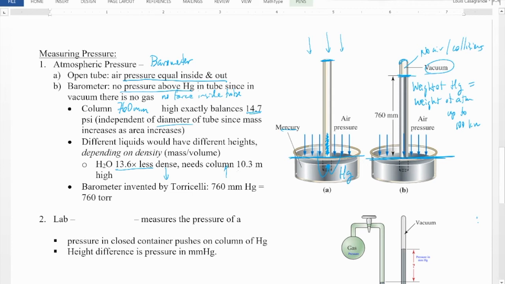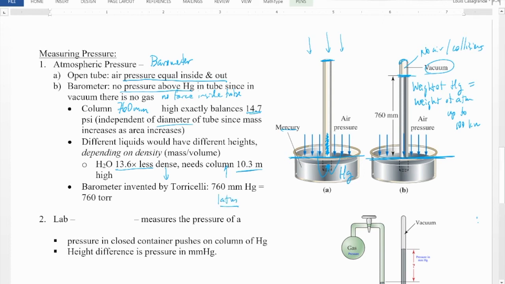For the water column, you need 10.3 meters, or 10,300 millimeters, which is about 3 stories high, to match the same weight as the air above the barometer, or to match the same weight as the 760 millimeters of mercury. The 760 millimeters of mercury is exactly 1 atmosphere of pressure.